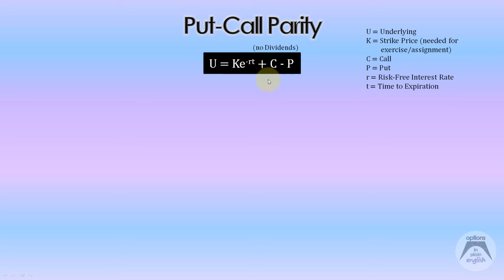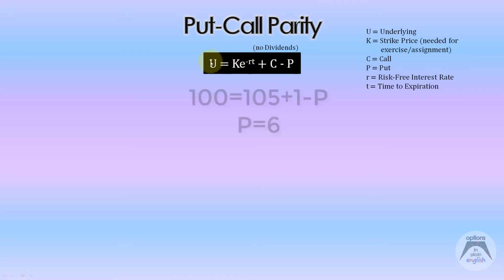Okay, so what does this mean? It means that if you have a stock and you know what it's trading at, and you want to evaluate the calls and puts at a certain strike price, you know that this relationship has to hold true.